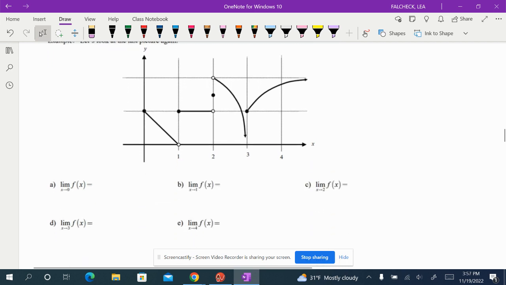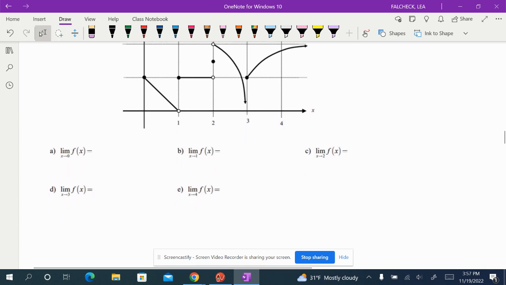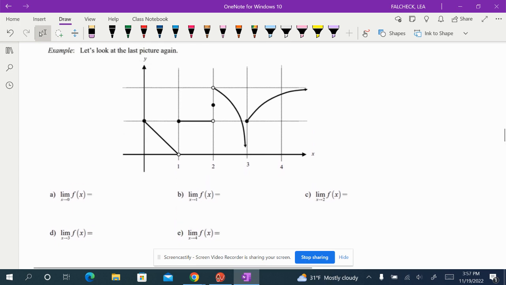Let's look at the last picture again. So what I really want you to think about here is, when you're evaluating whether a limit exists or not, does the limit as x approaches a from the left of f of x equal the limit as x approaches a from the right of f of x?